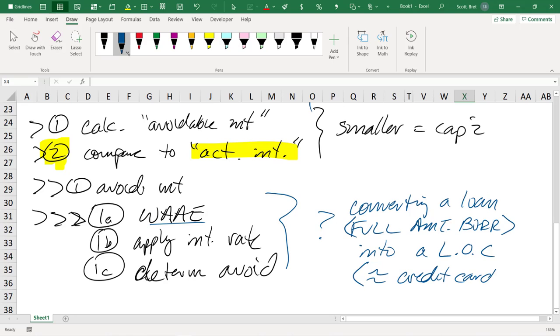You can establish a line of credit with a bank for large amounts, just as you would with a credit card company. So you don't have to borrow the full amount of a loan. You can just borrow as you need when you need it. That's a line of credit.